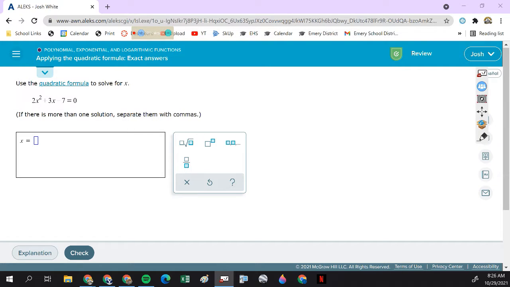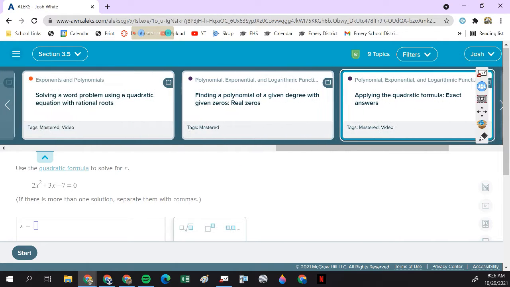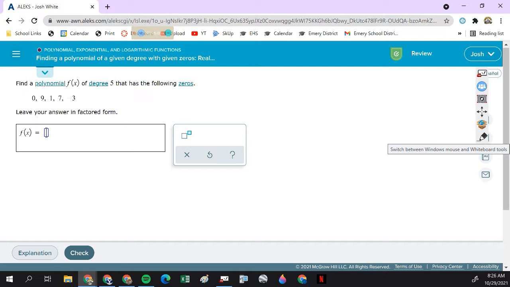All right. So I have 5 roots, and I need to create a polynomial that has all of those roots. Well, if I know that the graph hits the x-axis at -3, then I can guarantee that one of the factors is x plus 3.